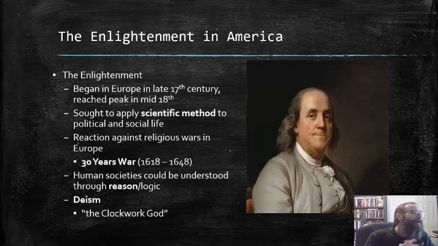This also coincided with a movement that was particularly prominent among some of the elites in North America, known as deism, which was a Christian-based belief, but essentially this idea of what is known as a clockwork God, a deity that basically creates things, sets everything in motion, and then pulls back and lets things play out however they will and has no direct involvement in the day-to-day affairs of mankind.